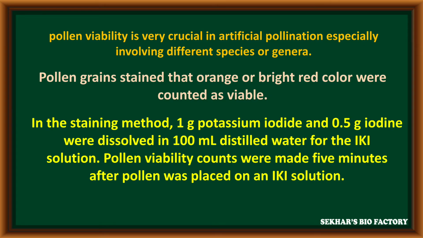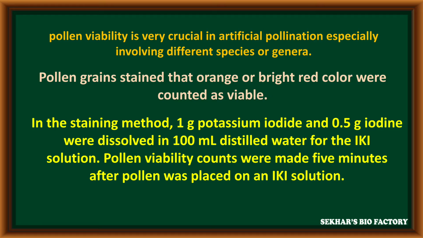To observe the pollen grains with a staining procedure, we have to take 1 gram of potassium iodide and 0.5 grams of iodine, both dissolved in 100 ml of distilled water. After dissolving these in distilled water, it is called IKI solution.